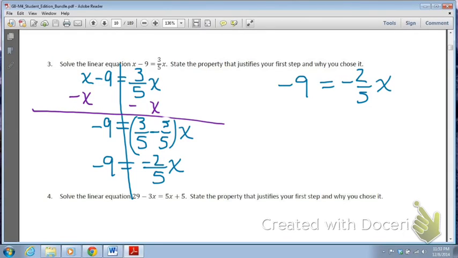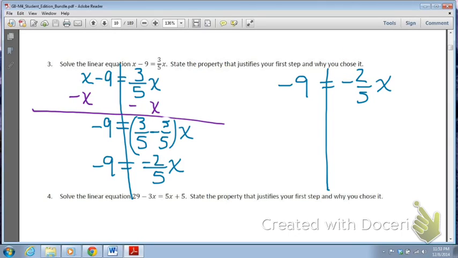Okay, so here's another example where I want to multiply by something that will make the coefficient of my variable x equal to 1. So I want the reciprocal of this number so that I get 1x here instead of negative 2/5 x.